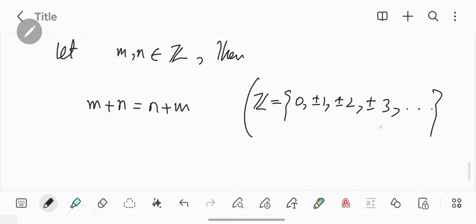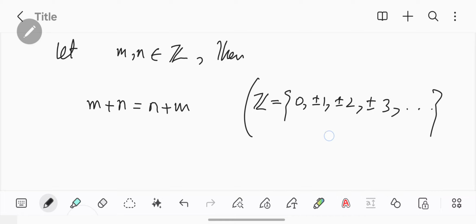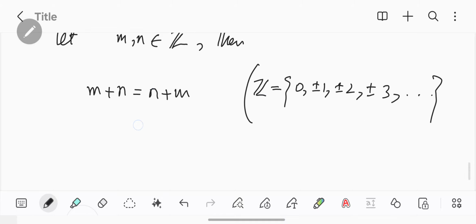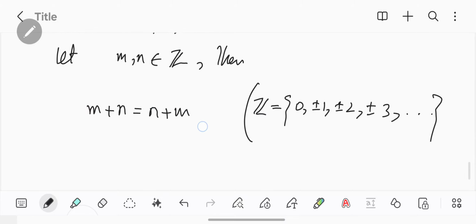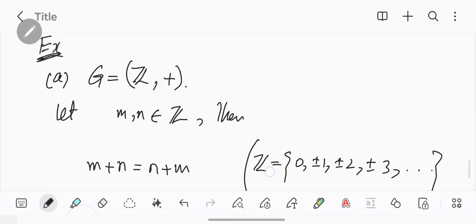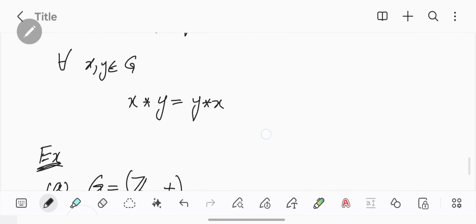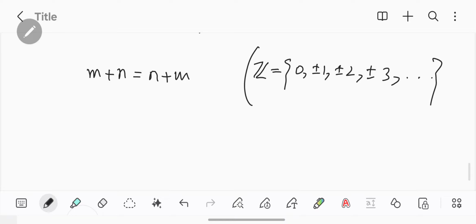So that means if you take any two integers from the group, m and n, if you add them this way or you add them this way, you will get the same answer. This is what we claim, and this is true for integers. Since this is true for any two numbers in the set of integers, therefore we say the set of integers is a commutative group because this property is satisfied. Okay?